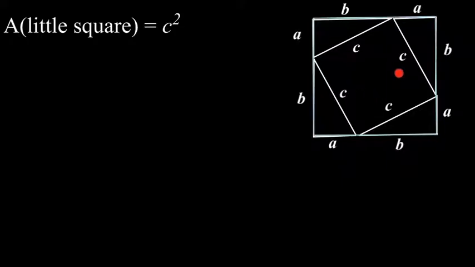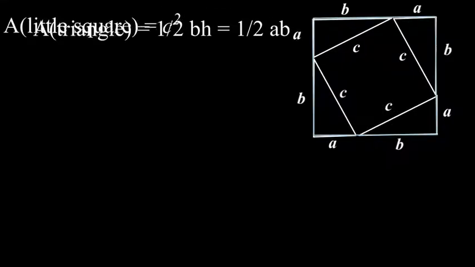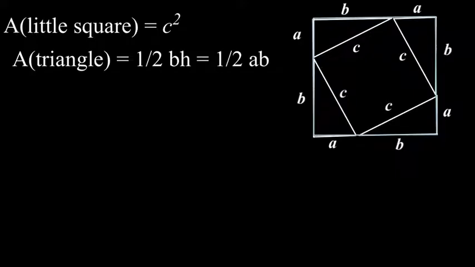The area of the square inside of the square, the little square, is c squared. Length times width, c times c. The area of each one of these little triangles would be 1/2 base times height. Base and height are a and b, so it'd be 1/2 ab.